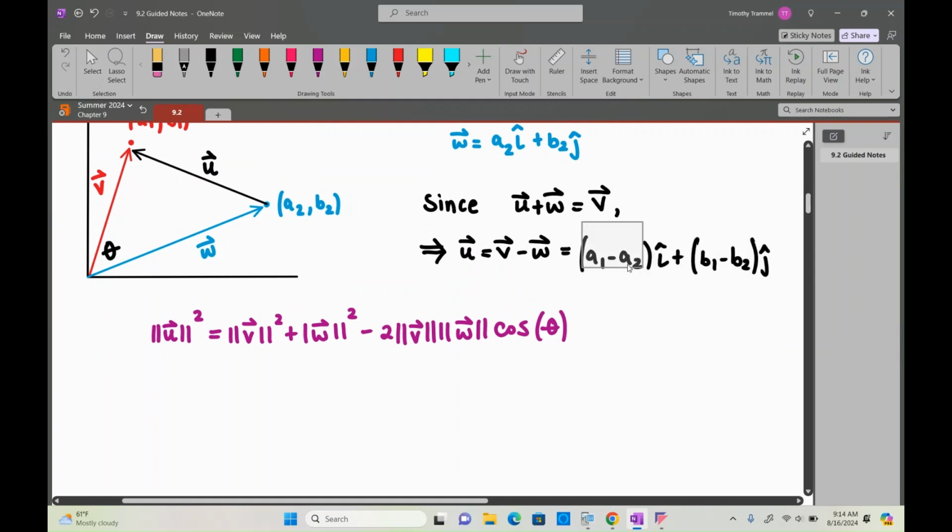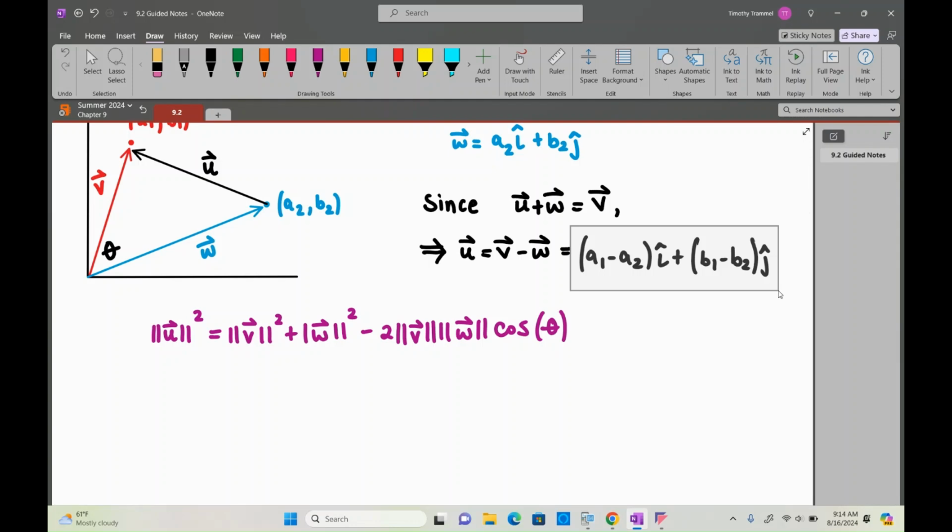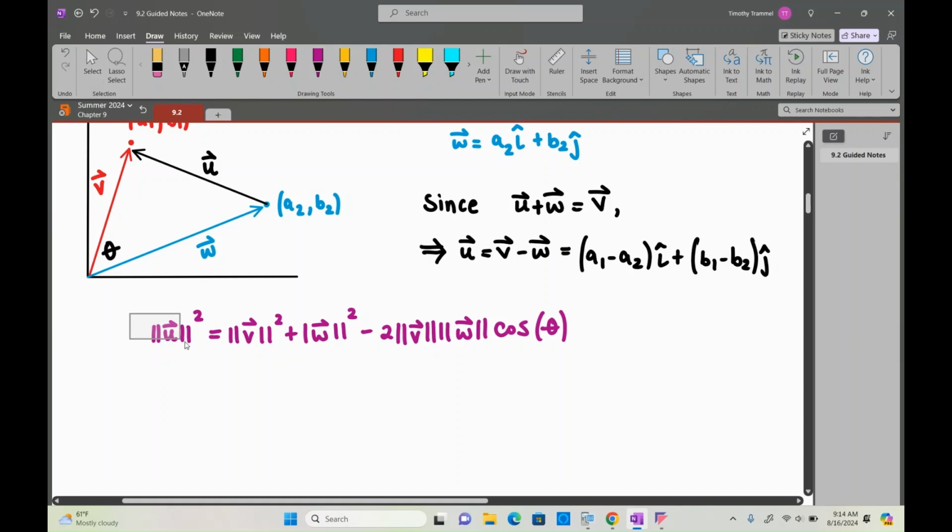If you find the magnitude of a vector, you square each component and add those together, and then you take the square root. Well, we're going to look at the magnitude squared, so that square root and the square are going to undo each other. So all I'm going to end up with is each component squared as I go to compute this.